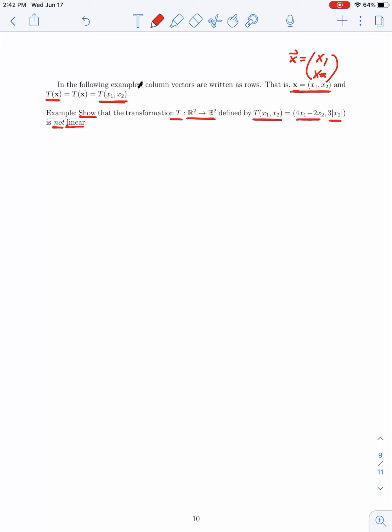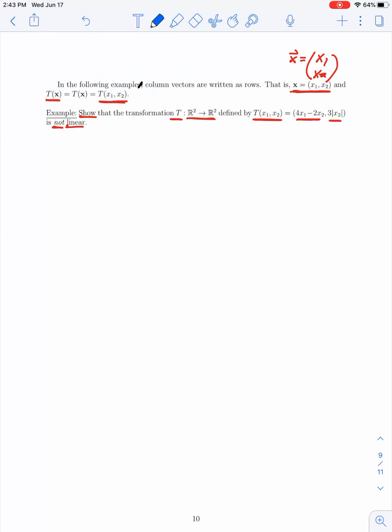Now, one property that we want to check is linearity. Is the transform of a linear combination of vectors equal to the linear combination of the transformations of those vectors?